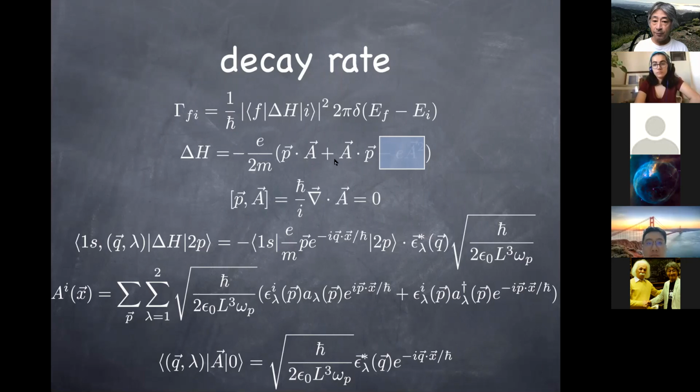On the other hand, the first 2 terms here have linear power in A, which does have a piece, the photon creation operator, that changes the photon number by 1. So the first 2 pieces will give you a non-zero contribution to this matrix element, but the last term here does not, and that's why I can drop it. Does that answer your question, Anna? Yeah, thanks. Any further questions?